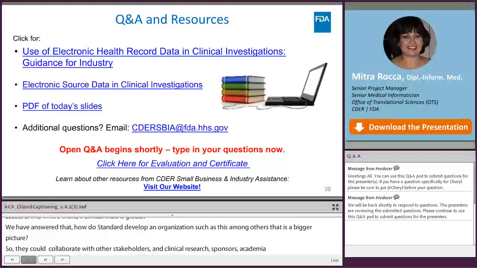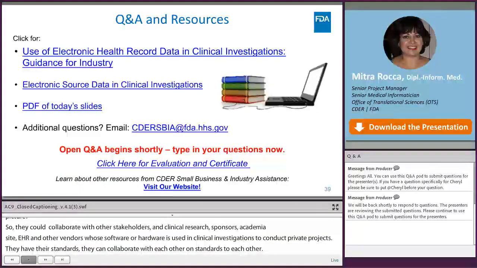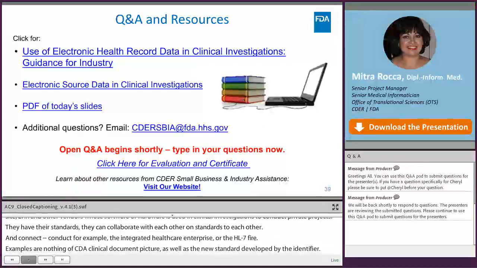They can enhance their standards, they can collaborate with each other on mapping their standards to each other, and conduct connectathon, for example, the IHE connectathon integrating healthcare enterprise, or the HL7 FHIR connectathon. And examples are mapping of CDER to HL7 CDA, clinical document architecture, as well as the new standard developed by HL7 FHIR. And at FDA, we have a few ongoing projects focusing on leveraging standards in regulated clinical trials.